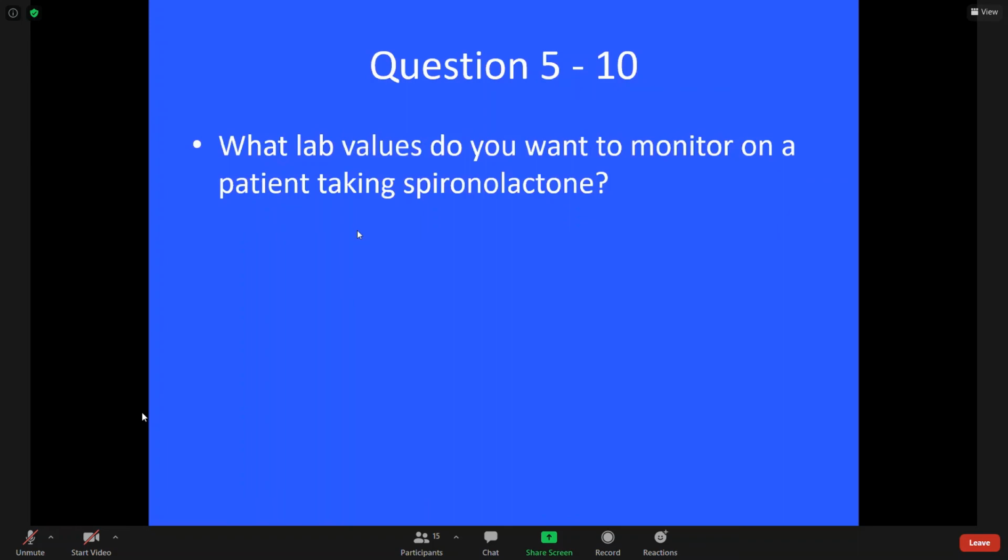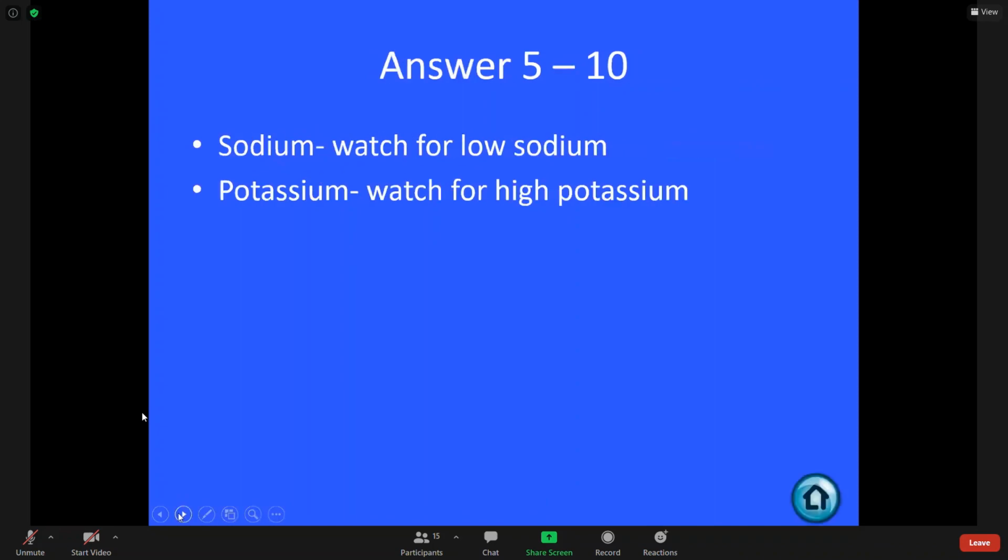What lab values do you want to monitor on a patient that's taking spironolactone? And what medication group does that fall in? Isn't that the potassium sparing? Correct. Potassium sparing, you want to watch for that because it will cause a high potassium, but also it can result in having a low sodium because you have your sodium potassium pump.